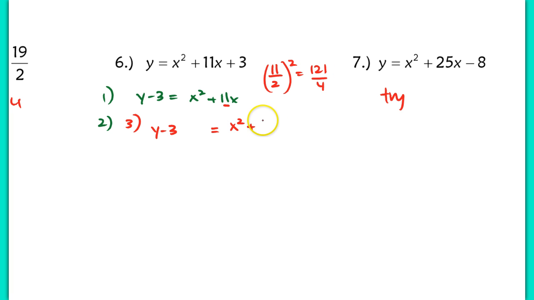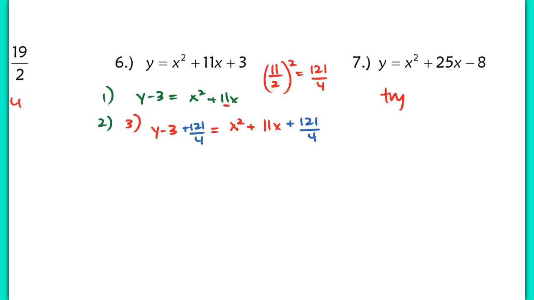So I have x squared plus 11x plus this new number, 121 fourths. Now I'm going to add to the other side just 121 fourths, because I'm really just multiplying everything by 1. Since I don't have a number on the outside, I don't have to worry about balancing this one incorrectly, because I'm just going to add that to the other side.